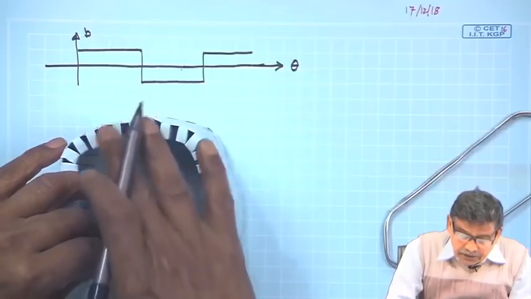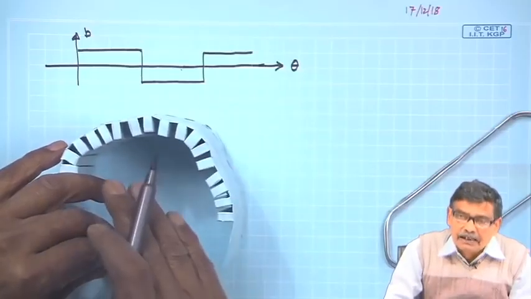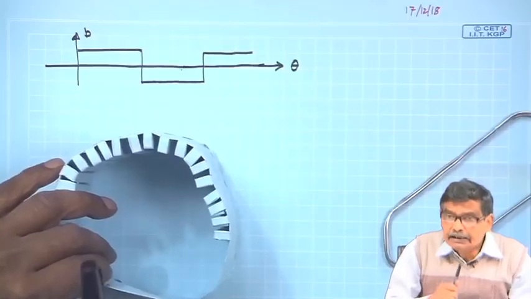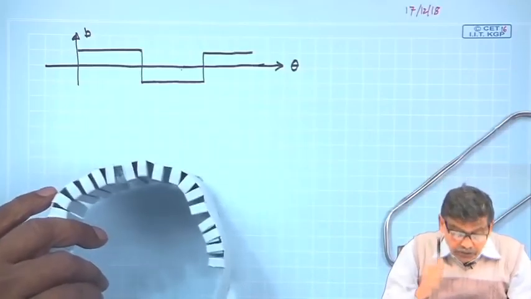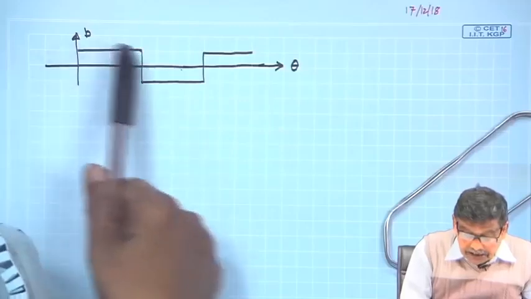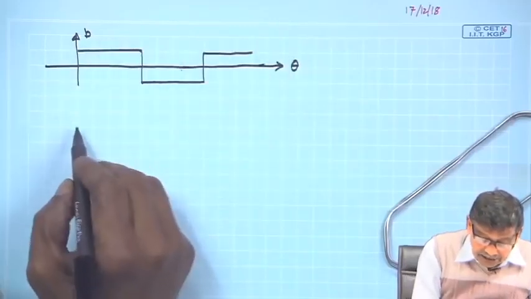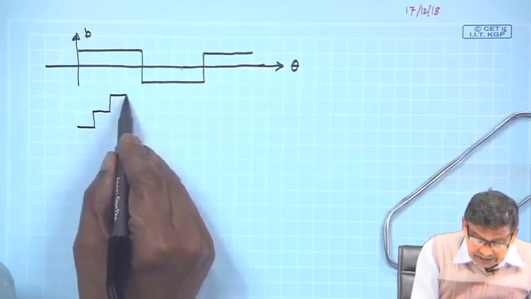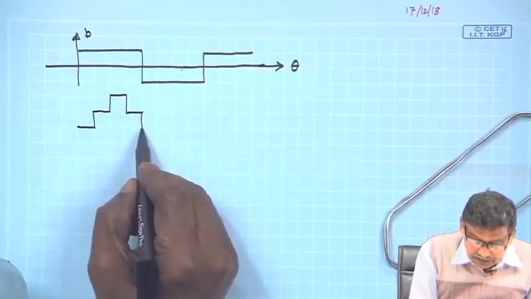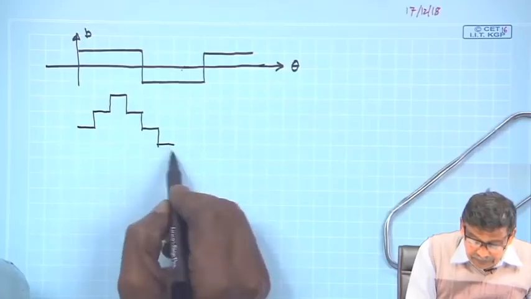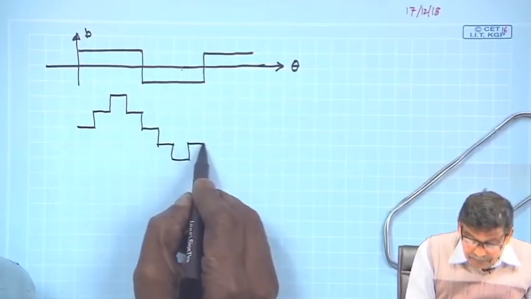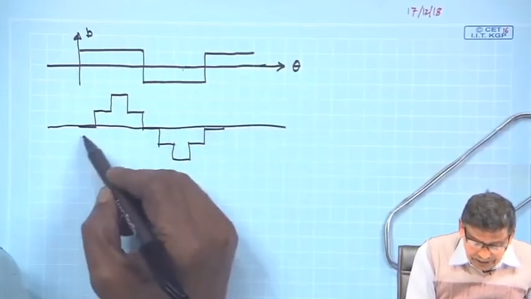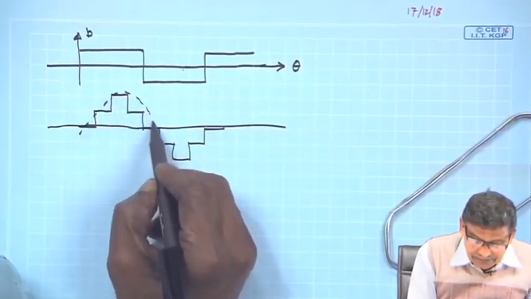It is better to utilize this space and increase the number of coils, because increasing the number of coils will also ensure that this B distribution will no longer be rectangular, but it will be somewhat stepped like this. That is what I have shown if 2-3 coils are used. And this will be more like a sine wave.